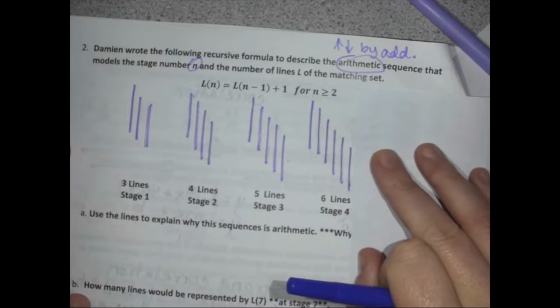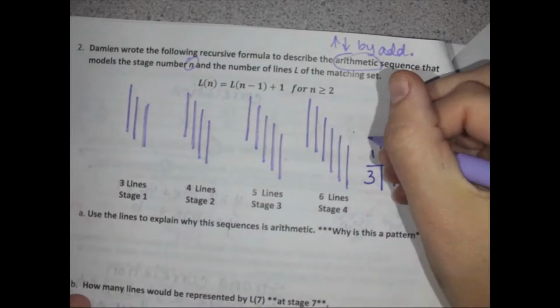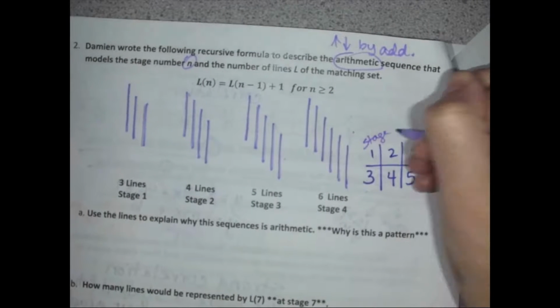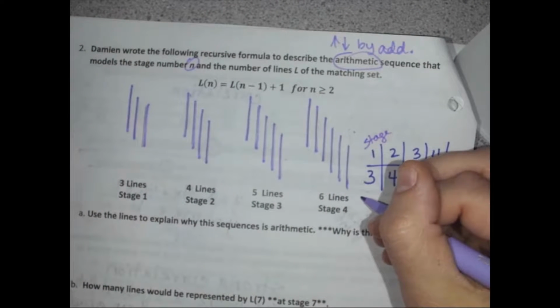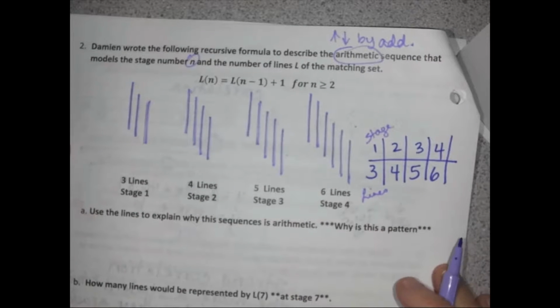To make our lives a little bit easier, we're going to make a table that shows the stage and then the number of lines that each stage has. We're going to use the lines to explain why this sequence is arithmetic.